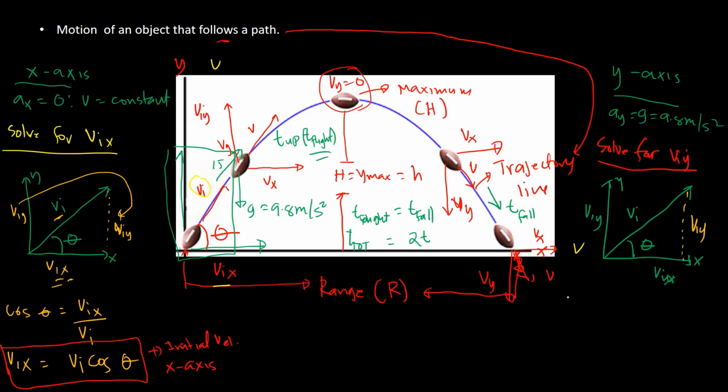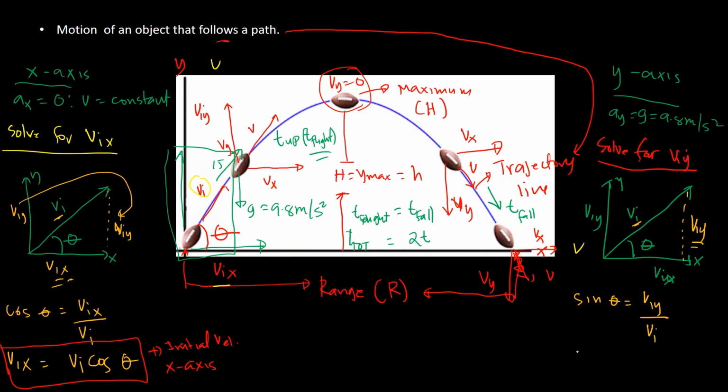To solve for the initial velocity along the y component, we will again use a trigonometric function, in the form of the sine function. Sine theta is equal to the opposite, which is v sub iy, divided by this v sub i here.